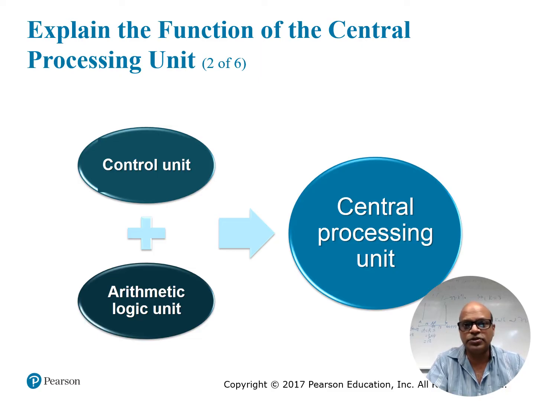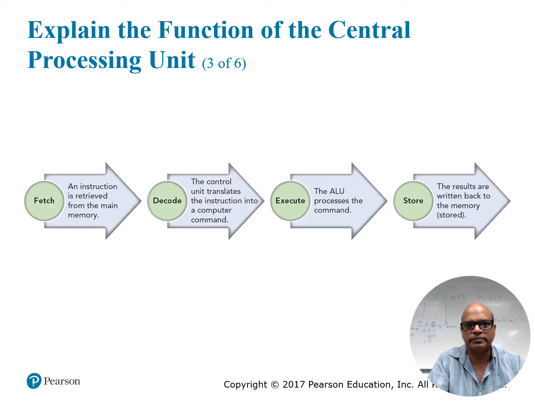The arithmetic logic unit performs arithmetic and logic calculations. For instance, it will determine whether one number is greater than another number, less than another number, or even equal to that number. The control unit coordinates the movement of data through the CPU. These two parts of the CPU enable it to execute the program instructions.